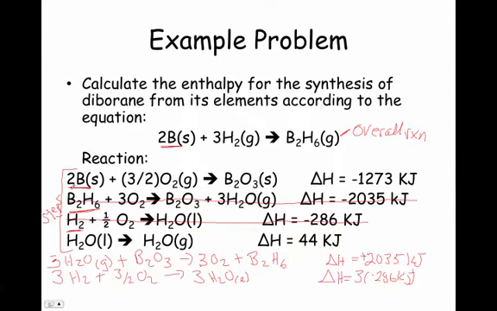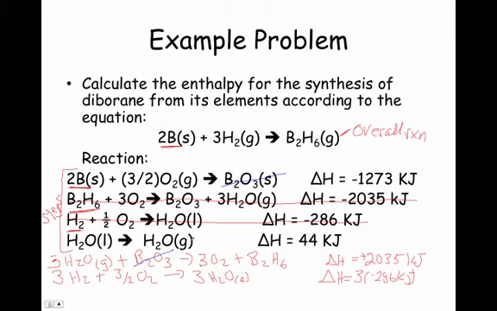Okay, so here we have a boron. Well, we don't see boron in any of our other equations, so boron stays where it is. Next one, B2O3. So B2O3 is here. It's also here. So our B2O3 cancels out here and here. So we're not going to worry about that. The coefficients are the same.